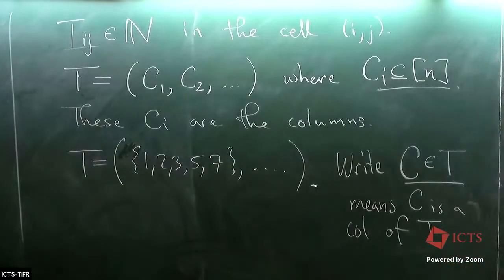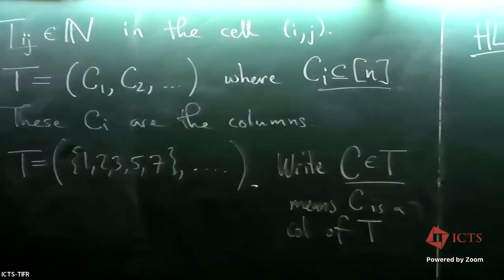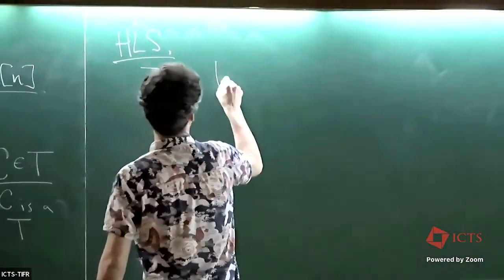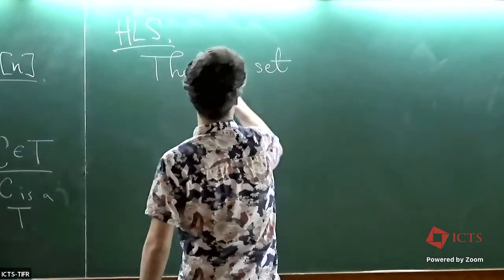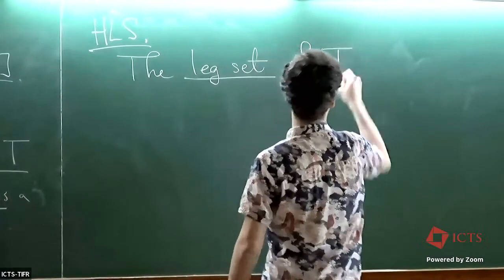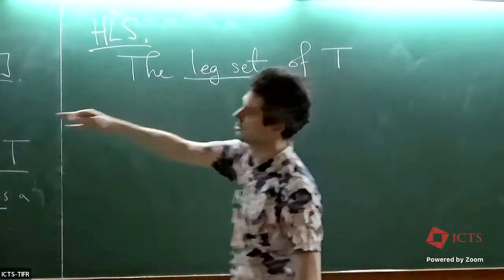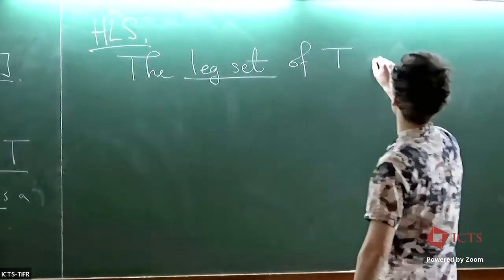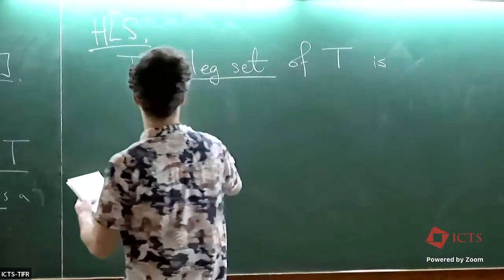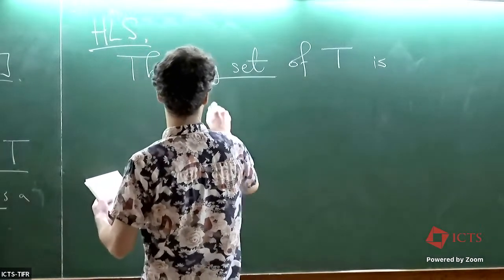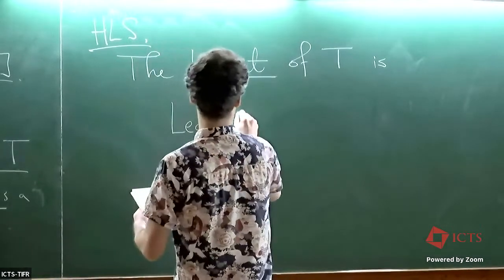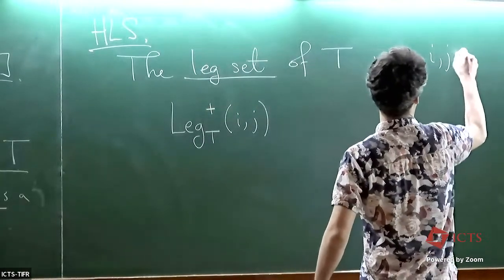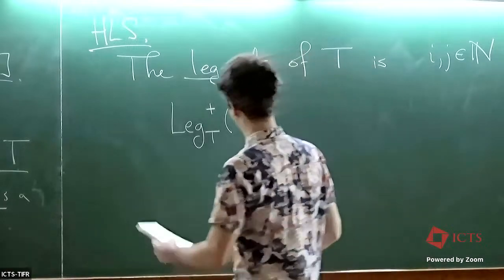HLS. So we're going to define a set associated to a tableau, the leg set of T, and I'm always just going to assume now that T is in SSYT_n. It is the following. Leg sub T plus of ij, where I'll say i and j are just natural numbers.